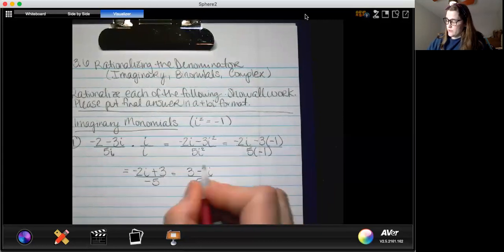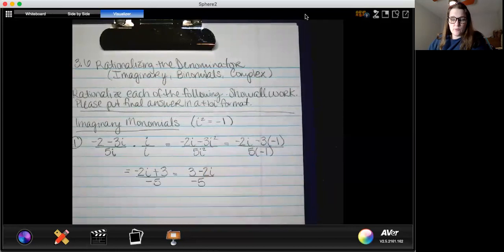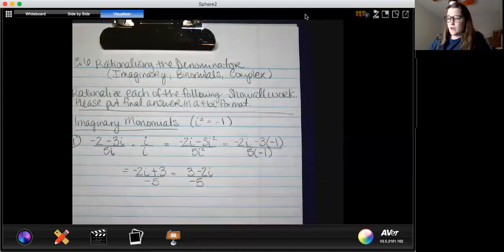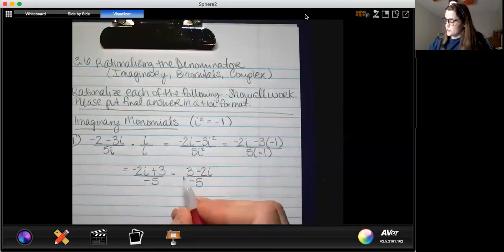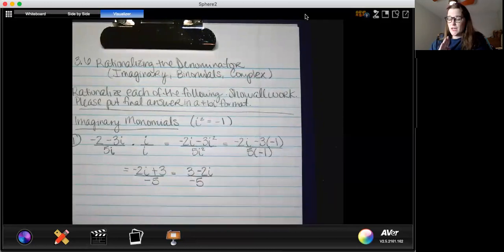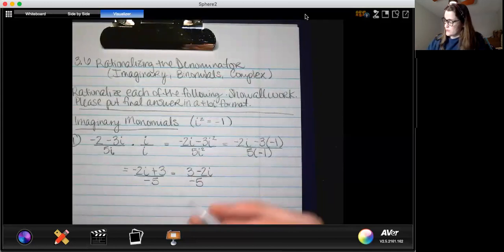So now the numerator is written in a plus bi format, but we actually want the entire thing to be written in a plus bi format. And so in order to do that, we're going to change our fraction. Rather than writing it as a whole fraction over -5, we're going to split it into two fractions.